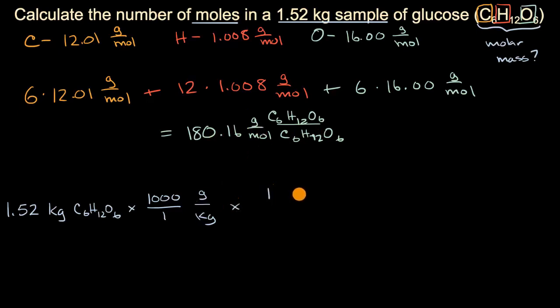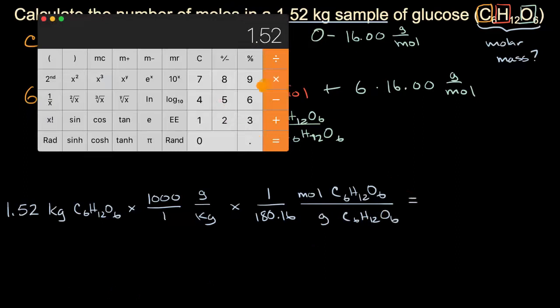So for every 1 mole of glucose, C6H12O6, we have 180.16 grams of glucose, C6H12O6, and this is going to get us 1.52 times 1,000, which is the number of grams of glucose we have, and then we're going to divide by 180.16. Divide by 180.16 gives us this number.